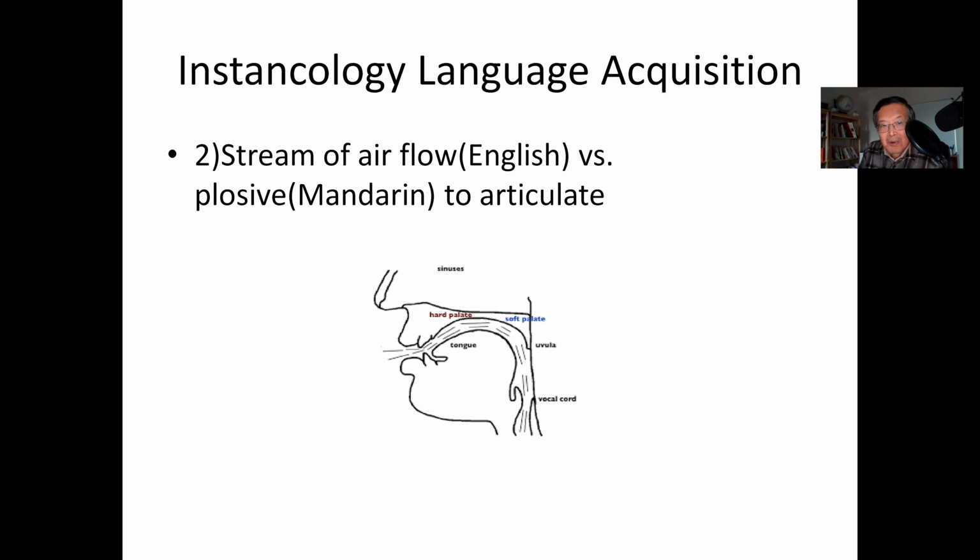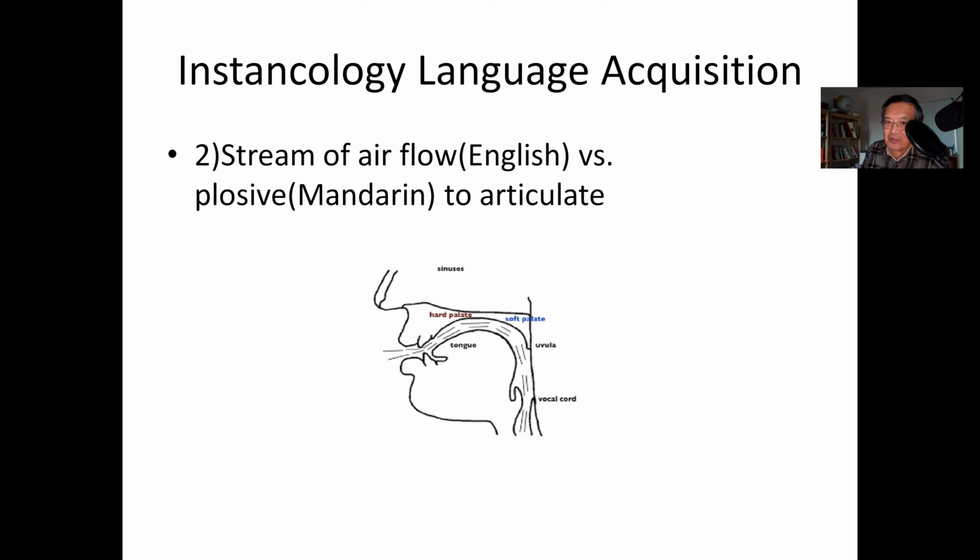But when you pronounce Mandarin, you come to a different feeling. Mandarin is uttered mostly by plosive sound in the soft palate part, by buzzing or shaking, not mostly using air flowing, creating friction to make the sound.